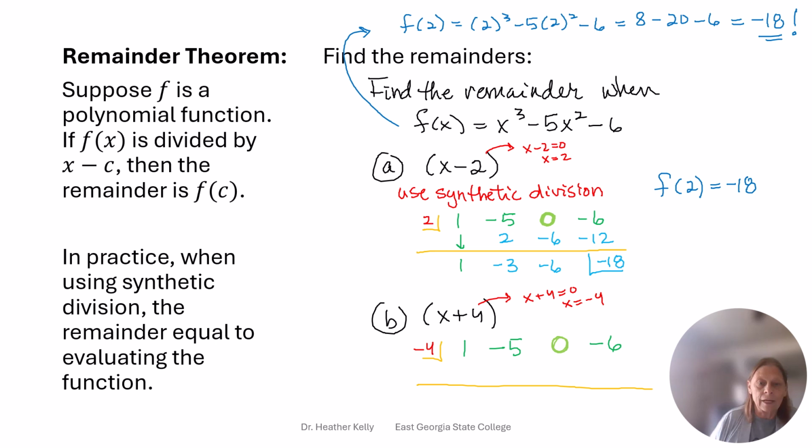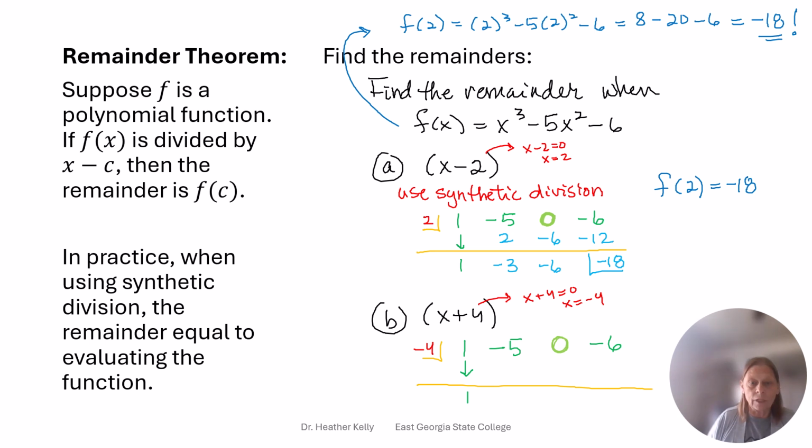Now I always work that out because, as you noticed in one of the earlier synthetic division examples, it was actually a fraction. So you can't just say it's the opposite of the constant, because sometimes you have to divide it. So I just make it a practice to do that math. It's really simple math, and so I just do it that way.